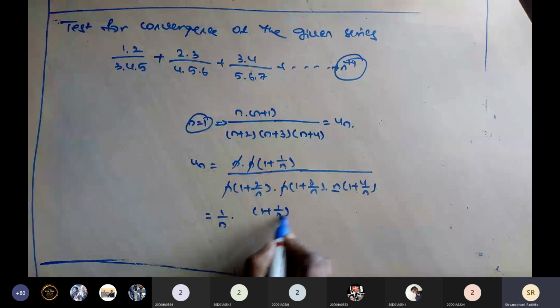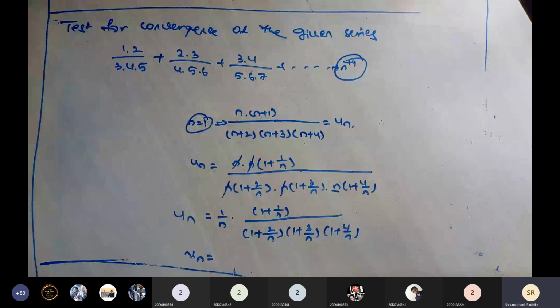Is it clear? Now what is Vn? Tell me. This is the reduced Un. What is Vn? 1 by n. Very good. Now what is the p value here by using the p series? 1 by n to the power 1, p value 1.